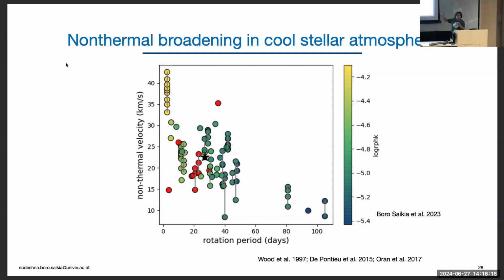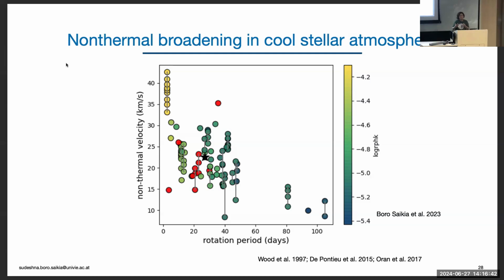There is a tendency that the non-thermal velocity decreases as we go to longer rotation periods, so slowly rotating stars. But this is based on archival data, so there are a bit of gaps here. So I'm not going to claim that there is a trend, but I'm going to claim that there is a tendency.